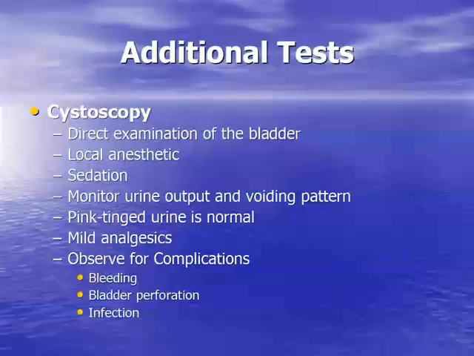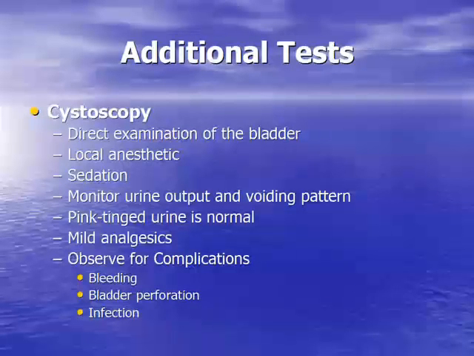A little bit of pink tinged urine after the procedure is done is considered normal, but they should not have grossly bloody hematuria afterwards. Patient usually post-procedure is just given mild analgesics and watched for complications such as bleeding, possible bladder perforation, or infection.